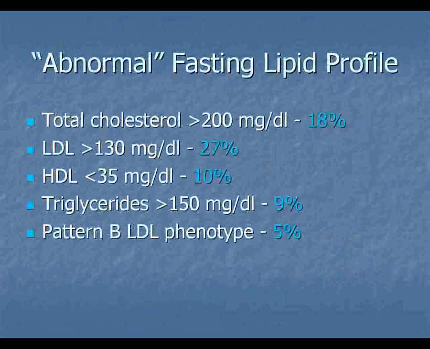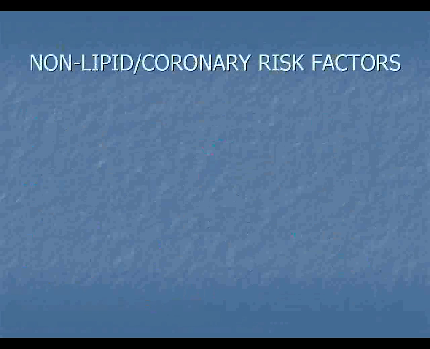For the abnormal fasting lipid profile, of those 715 students, 18% of them had an elevated cholesterol, 27% had abnormal LDLs, 10% had low HDLs, about the same 9% had elevated triglycerides, and then just 5% had a pattern B LDL phenotype, which I will discuss later on in this presentation, but that is important when thinking of long-term coronary risk factors.